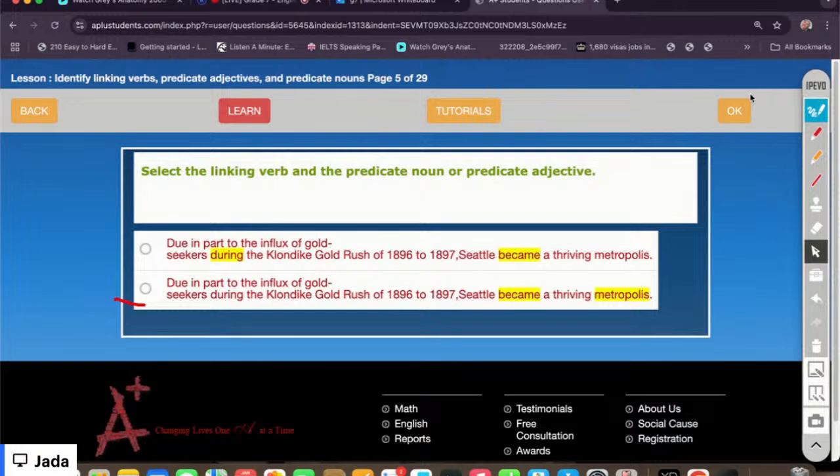So, due in part to the influx of gold seekers during the Klondike gold rush of 1896 to 1899, Seattle became a thriving metropolis.